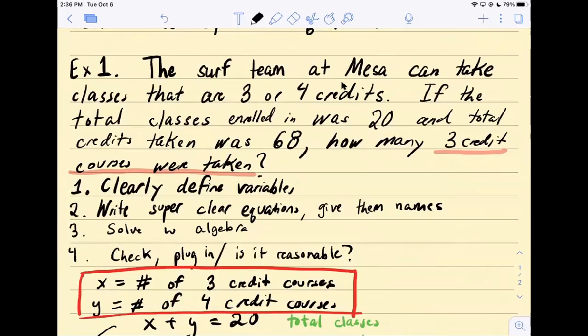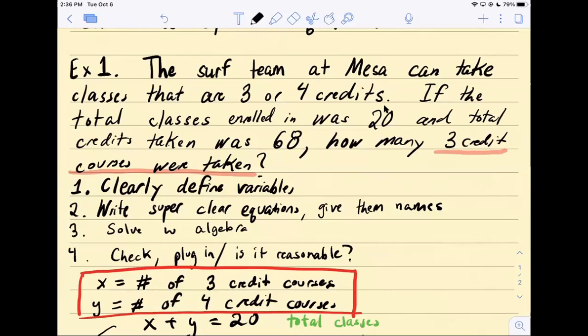I mean, you could just guess and check, which is what I did initially. Oh, okay, that's good. So guess and check. What if you thought about the worst case scenario, and this is kind of like guess and check, Lupe. What is the one possible answer that wouldn't work, but would have the most number of 4 credit classes?